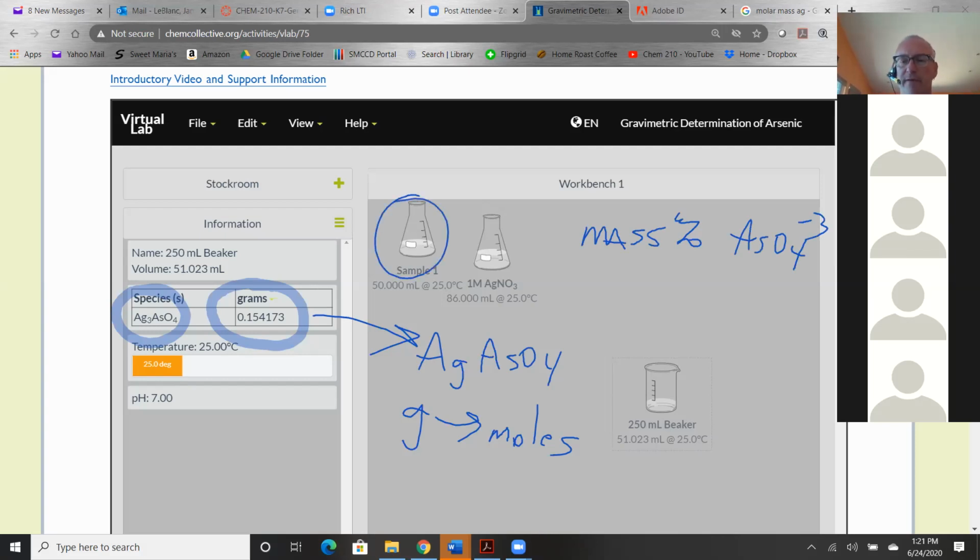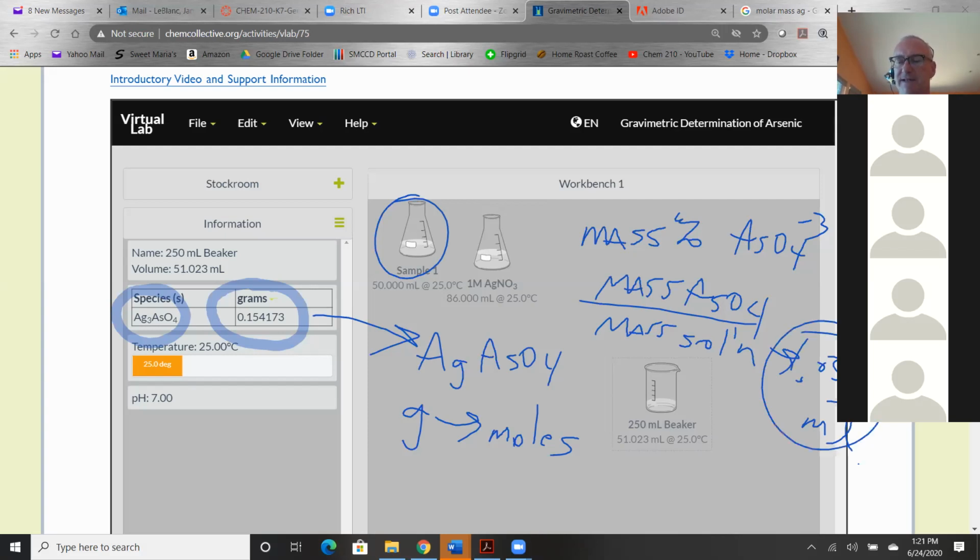So you're going to want to figure out what's the mass of the arsenate in the solution and divide it by the mass of the solution. And so you can do that using the density. So the density of the solution is given as 1.05 mgs per mil. So you could use that density to figure out what the mass of your solution is.